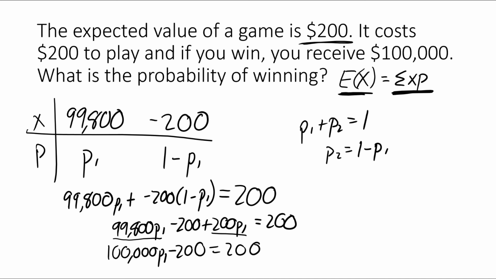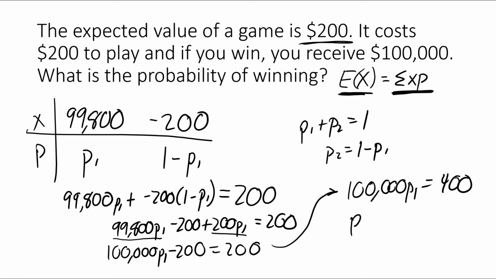So we'll add 200 to both sides, and that will give us 100,000 P1 equals 400. From there, we just divide by 100,000, and we'll get P1 equals 0.004.